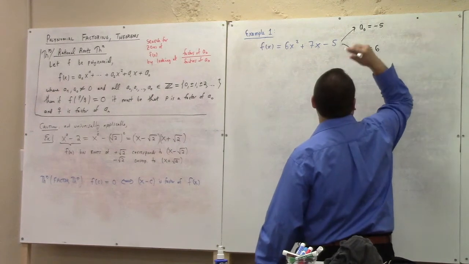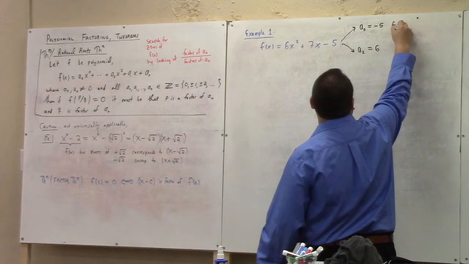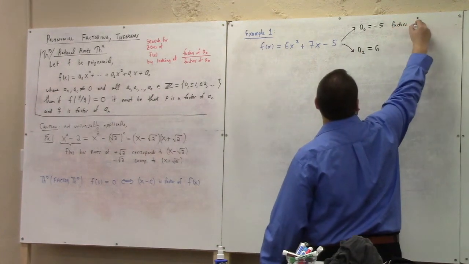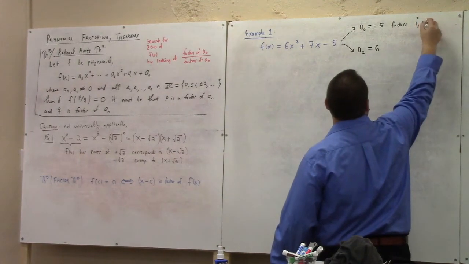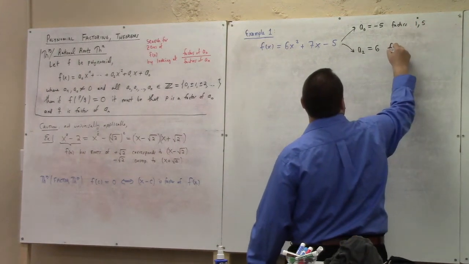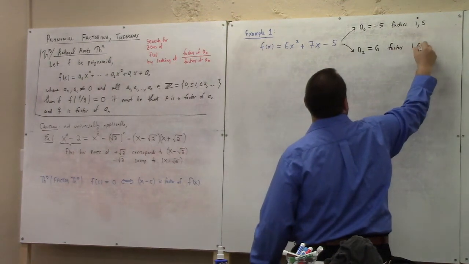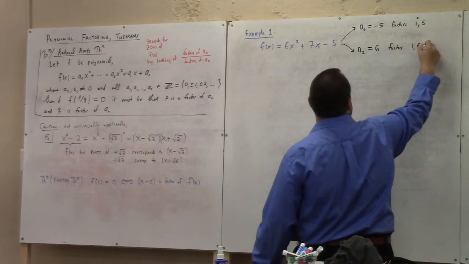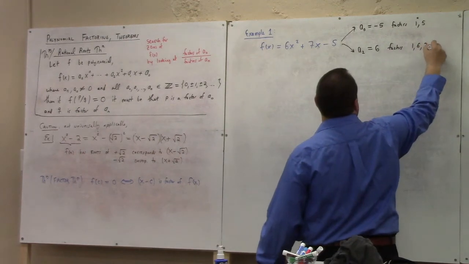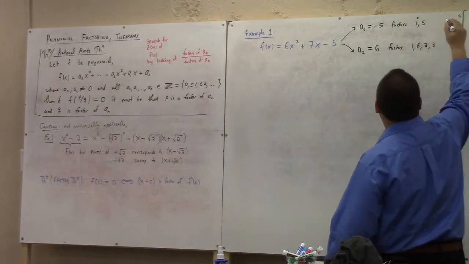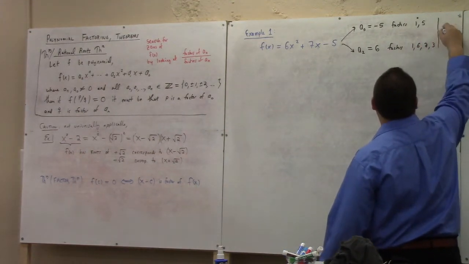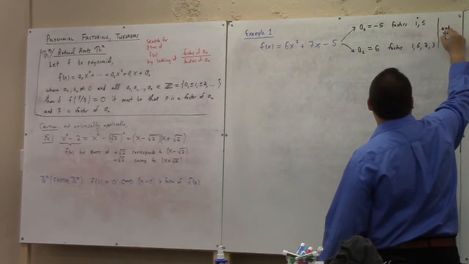So what are the factors? Basically 1, 5. Factors here are what? 1, 6. Also, yeah, 2 and 3, right? And they're negatives.